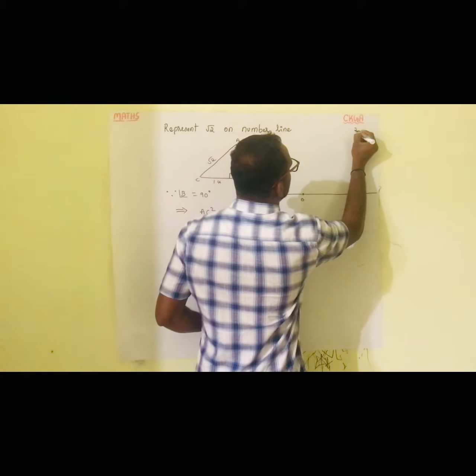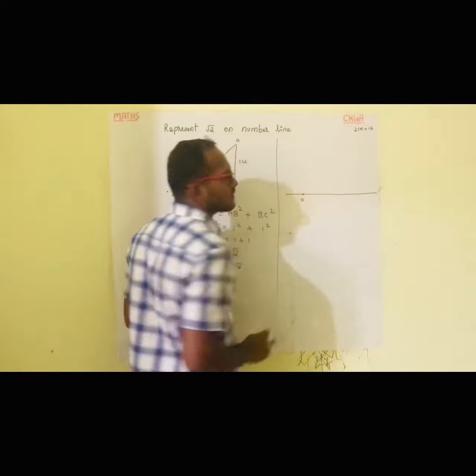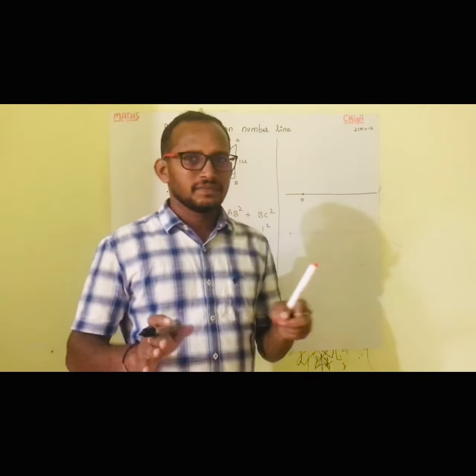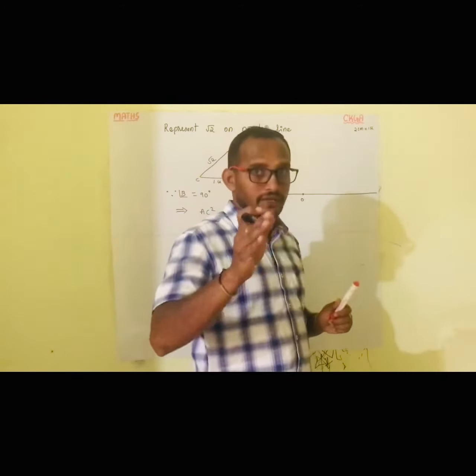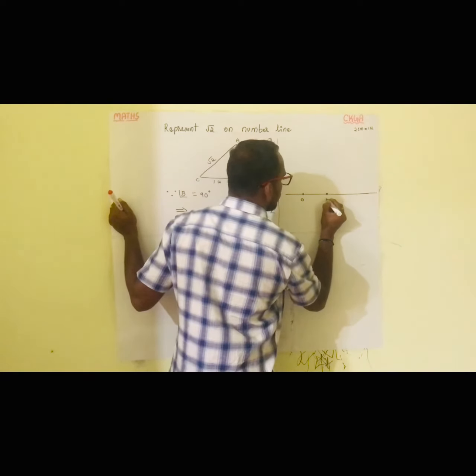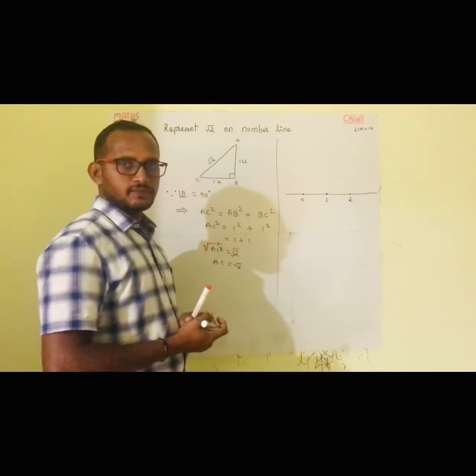Take 2 centimeters as 1 unit. This is very important so that the diagram looks neat and clean. Mark 2 cm for 1 unit, and another 2 cm for 2 units.